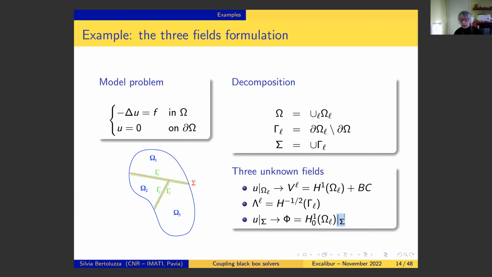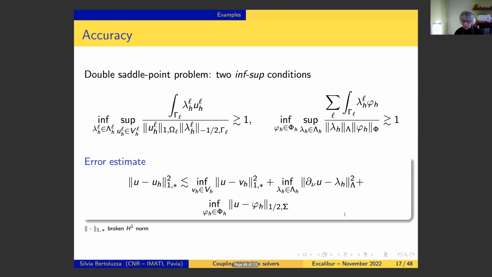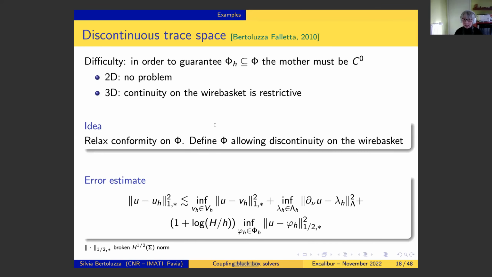So in a way, it's a conforming discretization of the skeleton variable, and asking for this conformity, so asking that phi_h is in Phi, basically requires me to impose for phi continuity on the wire basket.